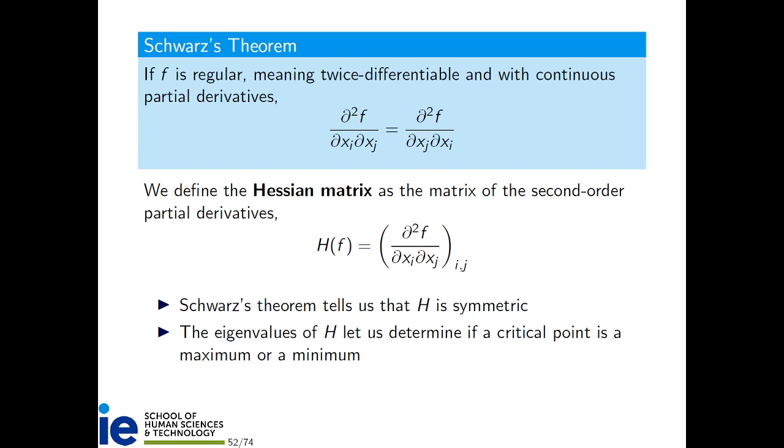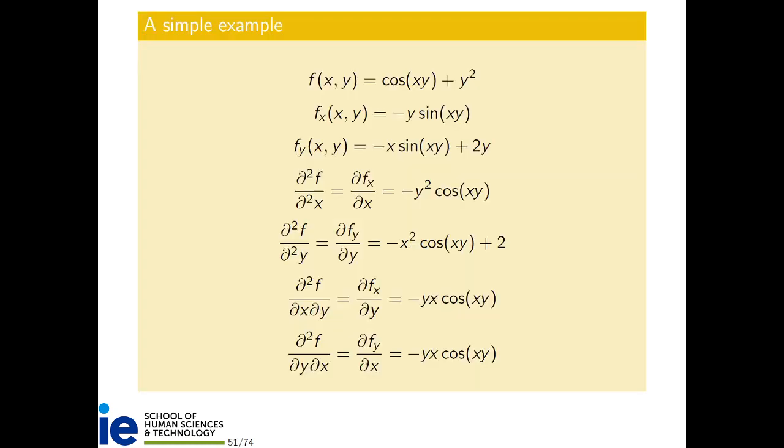So this is what the theorem tells us. Here, this was an example of the theorem. I computed the derivative with respect to x and then with respect to y, or I computed the derivative with respect to y and then with respect to x, and I get the exact same thing.